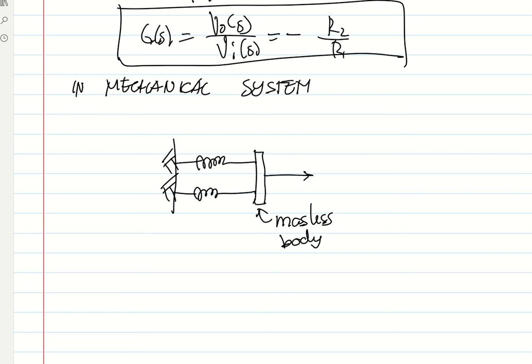Then if we apply a force in time domain, that will be our input, and the result will be the displacement x of t in that direction. If this is k and this is also k, the spring constant, what is the transfer function of this system, with input f and the output x?